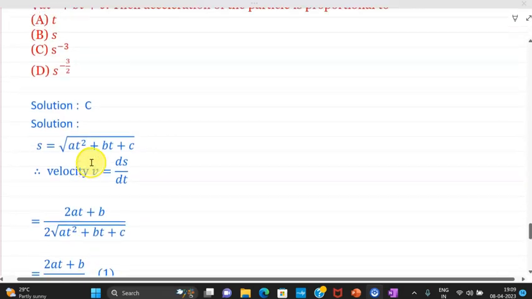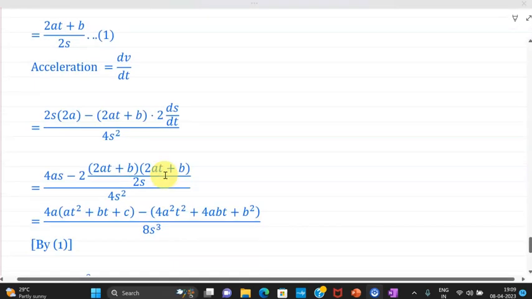But what is the value of s? s equals square root of at² plus bt plus c. Therefore, s² is at² plus bt plus c.